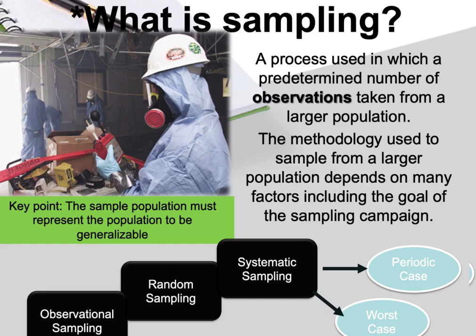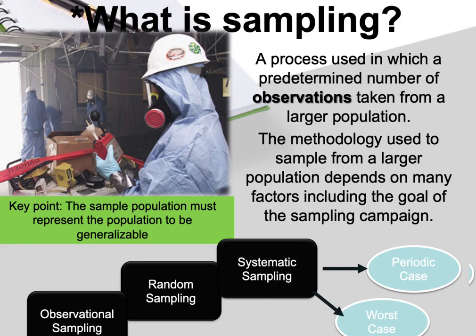So the sampling techniques that we use are very important given what our objective is. Is our objective worst case sampling? Is our objective periodic sampling? Are we evaluating a chemical or an exposure that we already know is there? Or are we trying to determine if there's a new agent or a new level that we need to be concerned about?